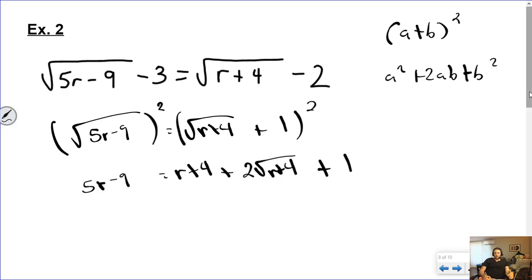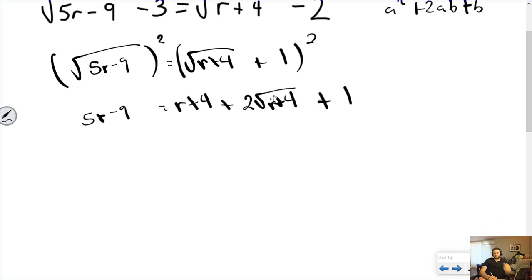Okay, so now, because I'm left with an equation that still has a radical, I need to restart my process where I isolate that radical. So if I have 5r on the left-hand side and an r on the right-hand side, I'm going to subtract an r to move it over, and then negative 9 on the left-hand side, and 4 plus 1 is 5 on the right-hand side.